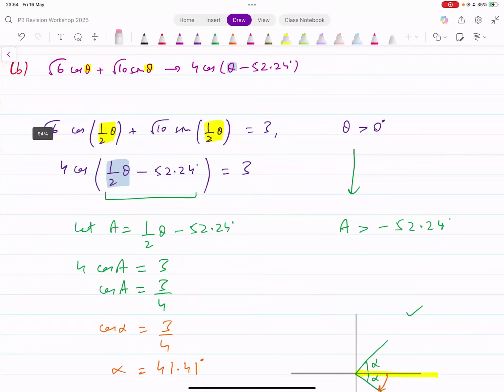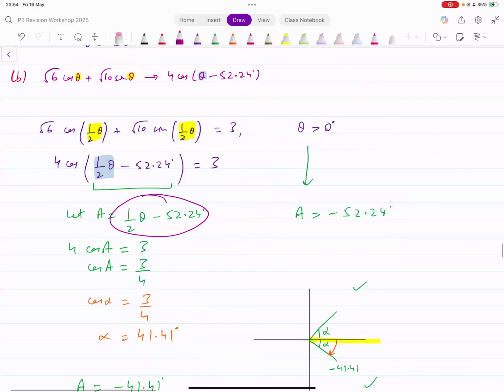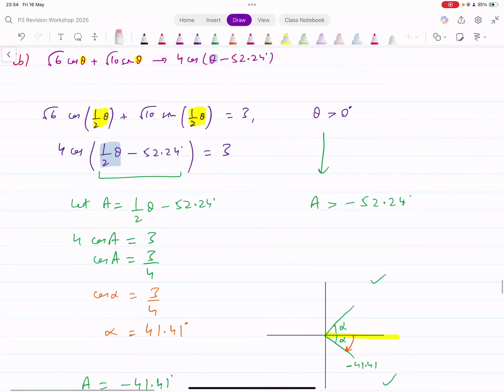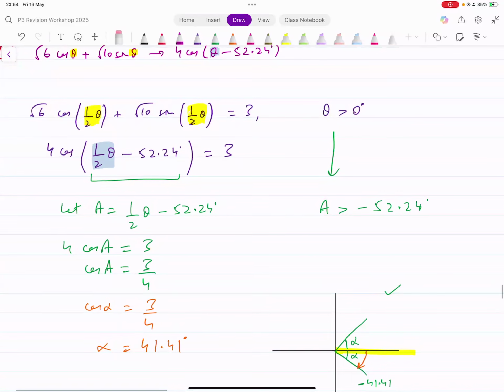Again, use a substitution. Let A equals half theta minus 52.24 degrees. If theta is greater than 0, find the corresponding value for A. That again turns out to be A greater than minus 52.24 degrees. Now, it becomes cos A equals 3 over 4. We find the basic angle. The basic angle turns out to be 41.41 degrees. Now, in this case, you have to be a bit careful. Cos is positive.